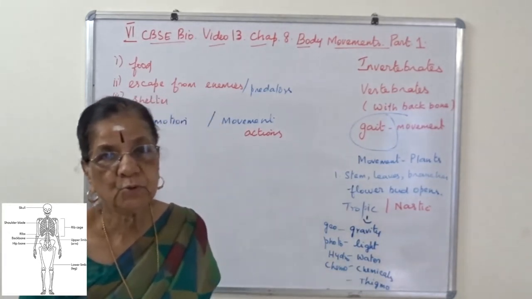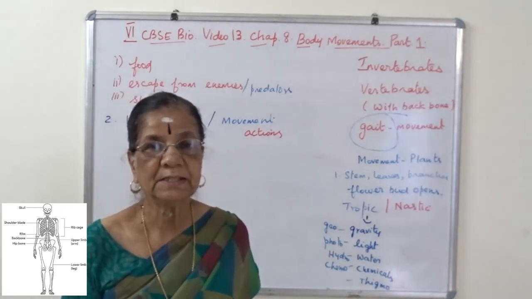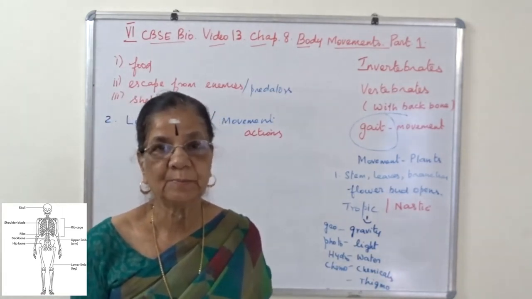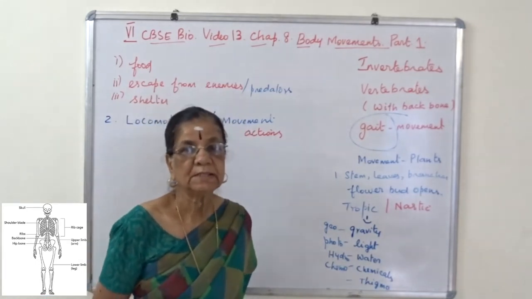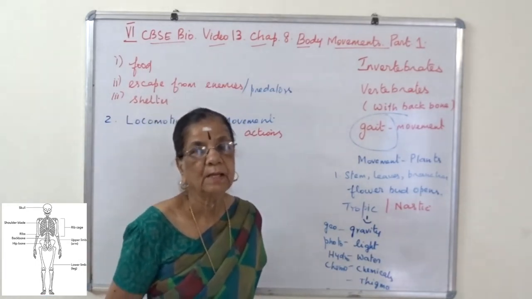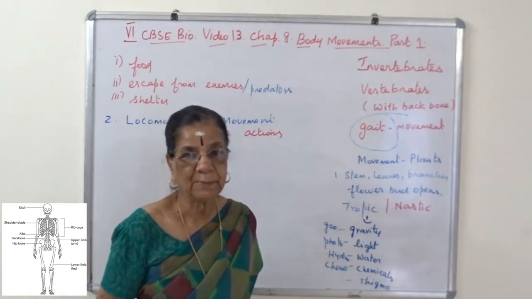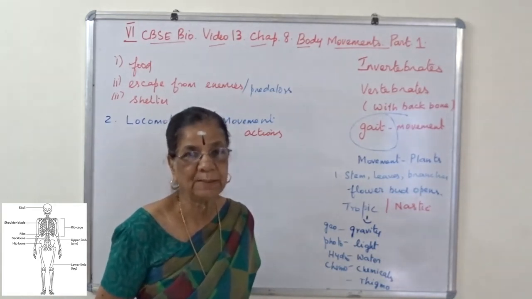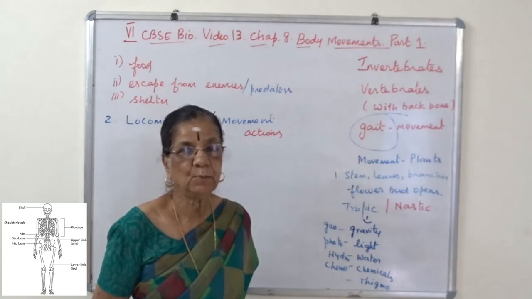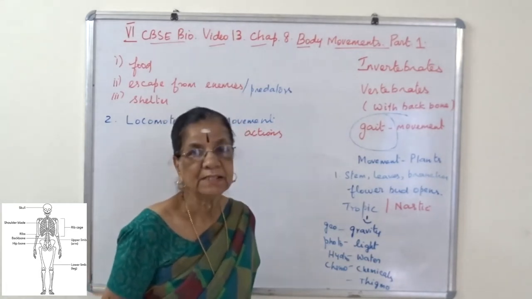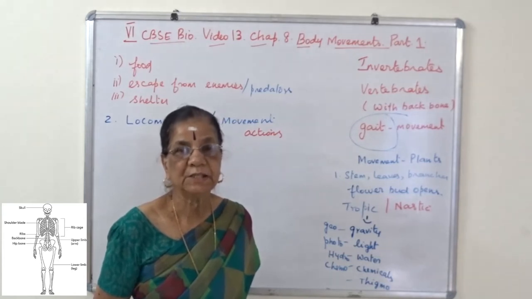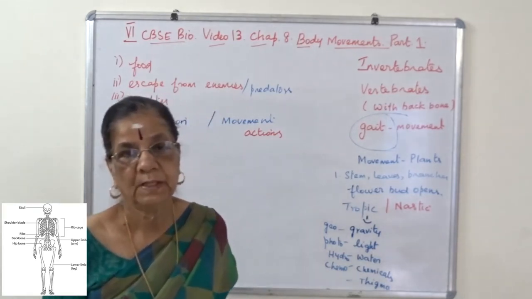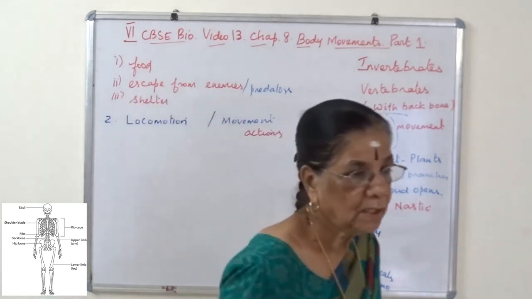When they move towards light, it is phototropism. When they move towards water, it is hydrotropism. When they move in response to chemicals, that is chemotropism. And when they respond to touch, that is stigmotropism. I hope you are listening.